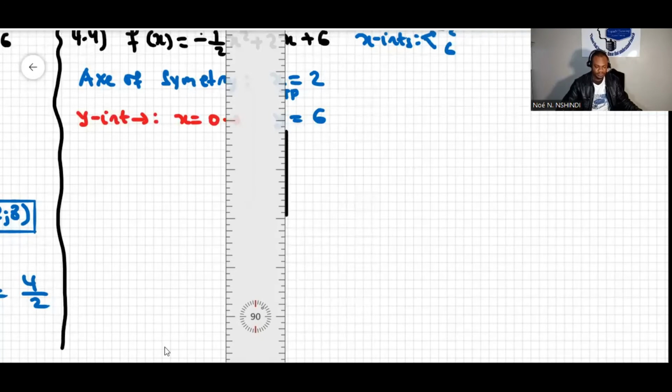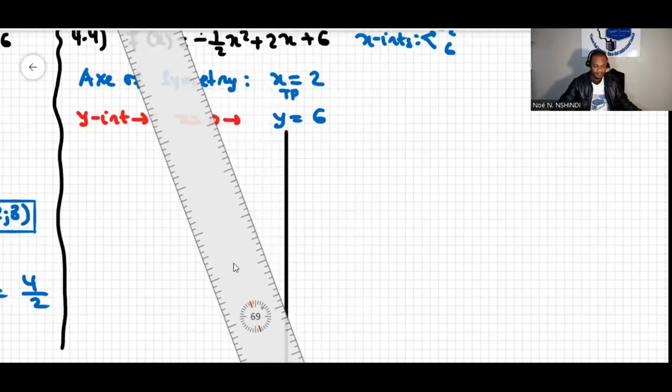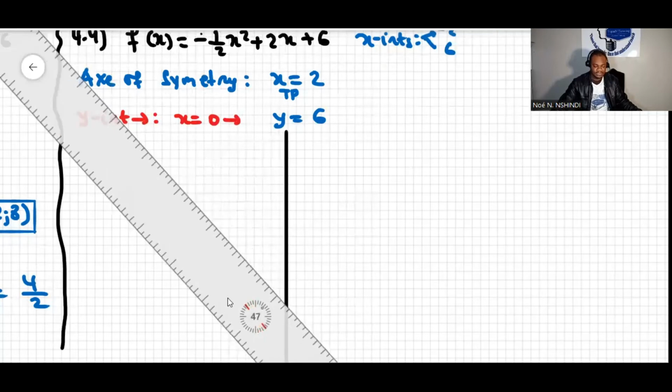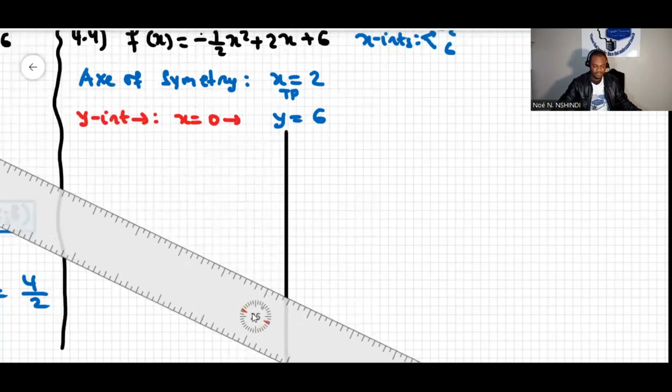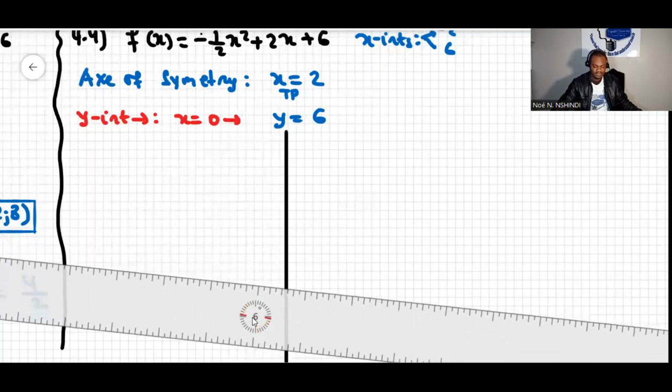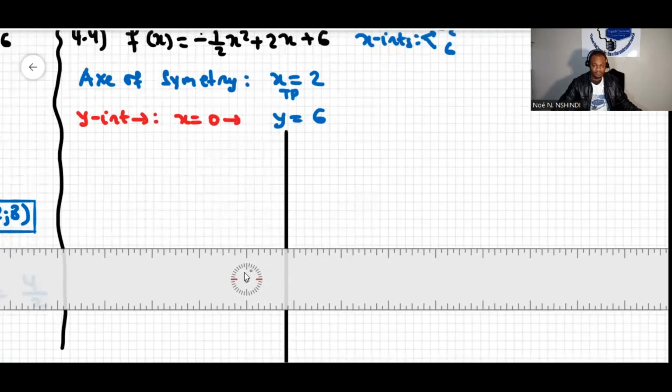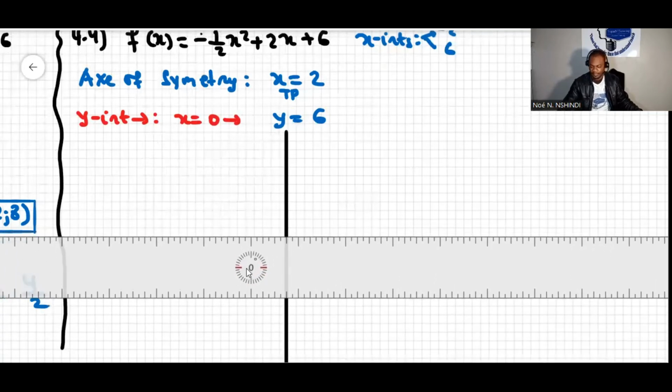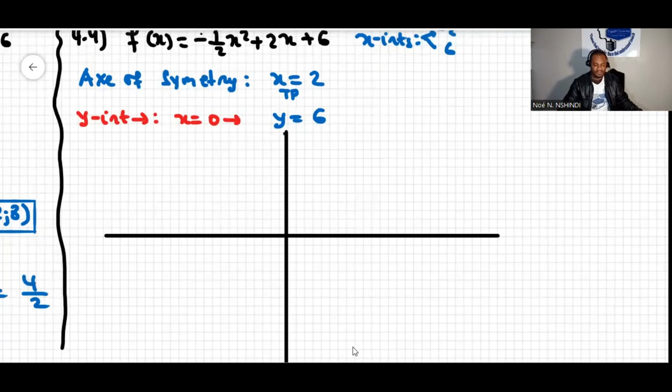So this would be the y-axis, and then the x-axis. I draw the x-axis. Okay, that's y, and then the x goes like that, and then goes down also.